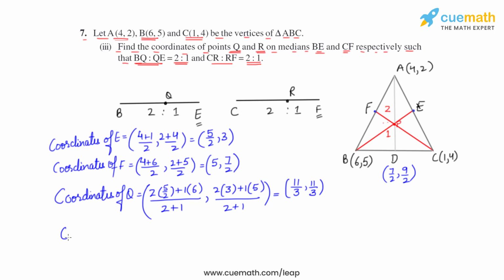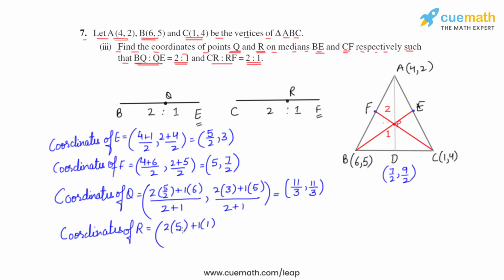Now coordinates of R: two into 5 plus 1 into 1, because now the coordinates of C are 1, 4 and F are 5, 7 by 2.